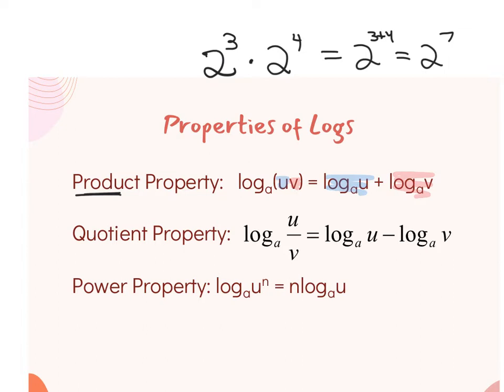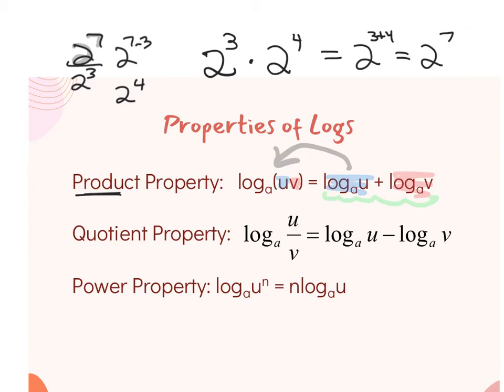And that would be the process of expanding that product. Now, you're also going to be given the question where they'll give it to you as the expanded form, and then they're going to ask you to condense it back to a product. The next one is the quotient property. If you recall from your exponent days, if you had something like 2 to the 7th divided by 2 to the 3rd, you took the powers and subtracted them, and this would give you 2 to the 4th.